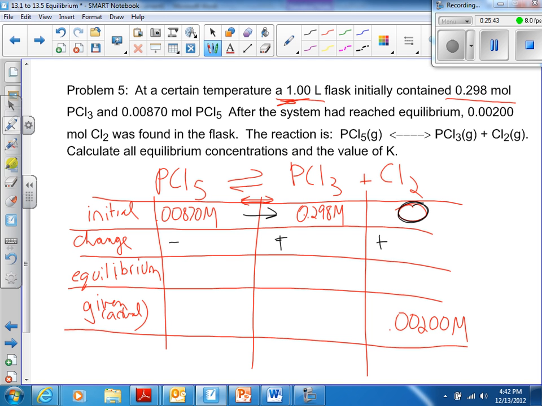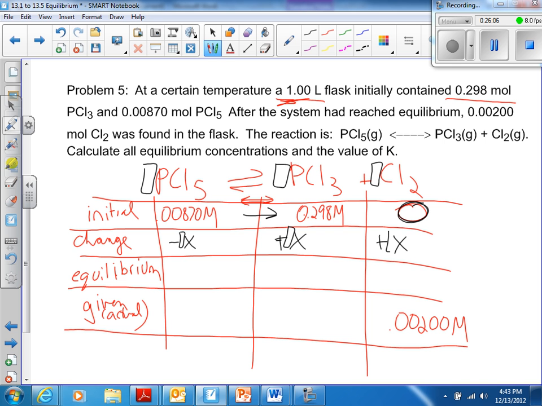And in the change row, we have X and the coefficients. X is called the extent of reaction. If there had been a coefficient in front of any of these other than 1, that coefficient would go in front of the X. So anything in front of a chemical, that's the number that goes in front of the X.